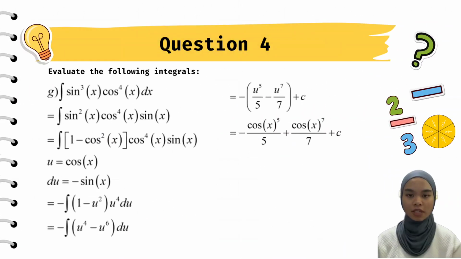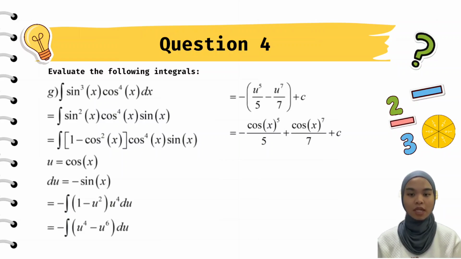For question G, integrate sin^3(x) cos^4(x) dx. We can get integrate sin^2(x) cos^4(x) sin x. And then we can get negative integral of (1 - u^2) times u^4 du.